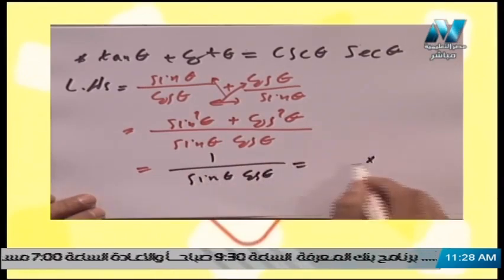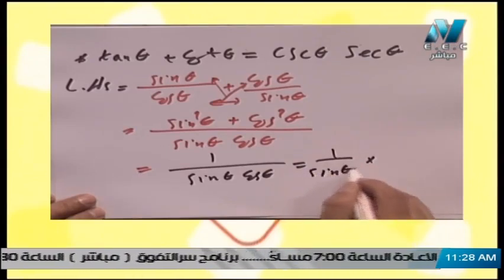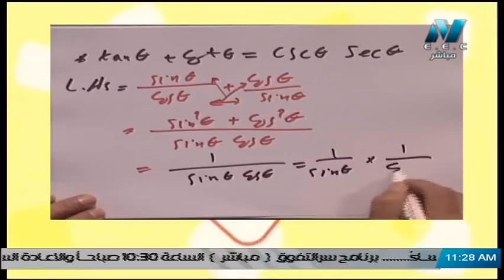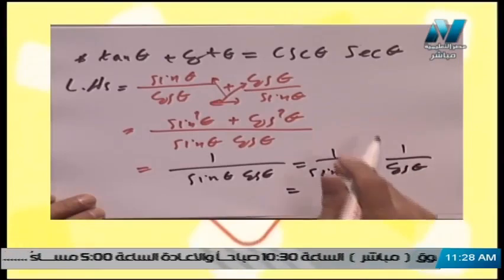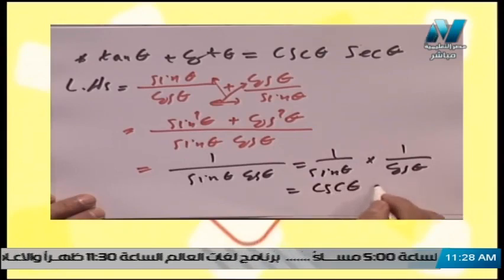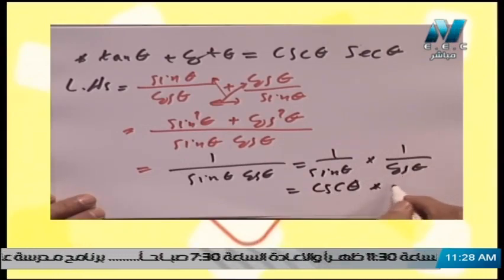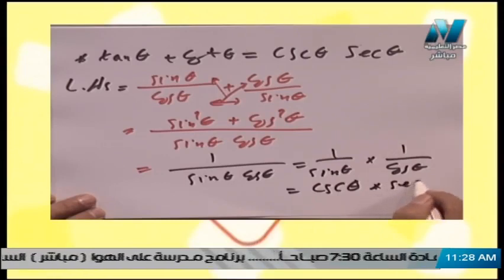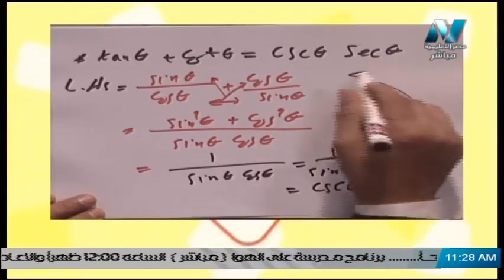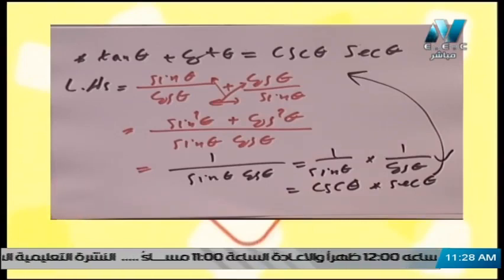We can separate them. We can make it 1 over sine theta multiplied by 1 over cosine theta. So 1 over sine theta, you know that it's cosec theta, multiplied by 1 over cosine, the reciprocal, which is sec theta. And this is the right hand side, and we have succeeded to prove it very carefully.